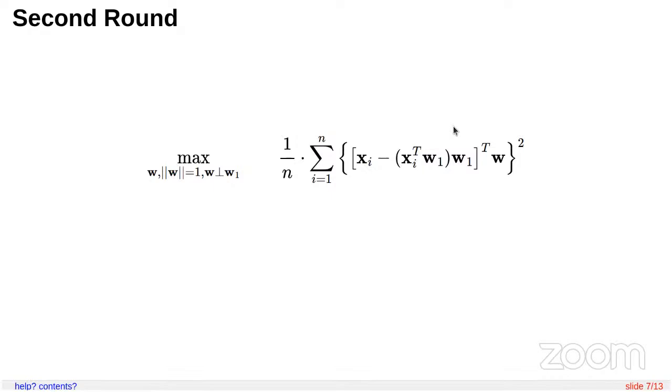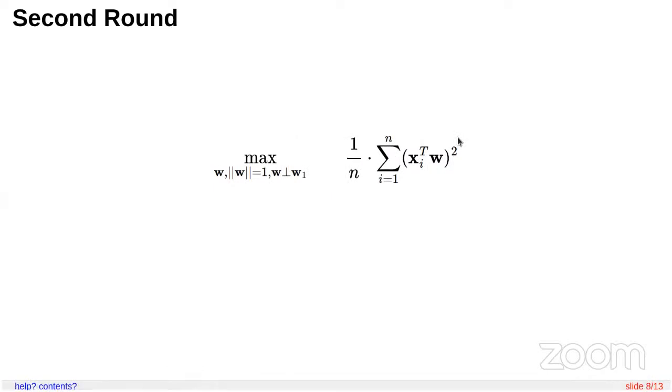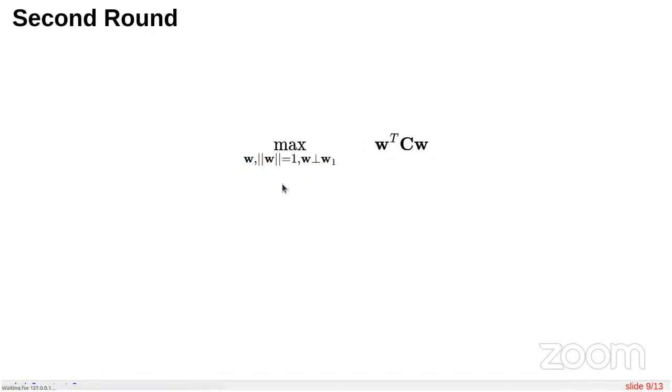It becomes 0. So you'll end up with the same expression that you had before, which is nothing but W transpose CW. So the only difference is you are now maximizing it for a W which is perpendicular to W1. So we end up with the same optimization objective, but your optimizing variable is going to be different. It's for those directions which are orthogonal to W1.